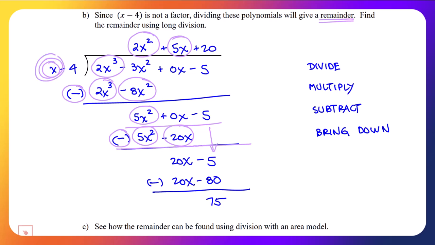Last time, what times x is 20x, and that's 20. Multiply. Subtract carefully. Of course, 20x minus 20x is gone. Careful. Negative 5 minus a negative 80 is a positive 80. Negative 5 plus 80 is a positive 75.